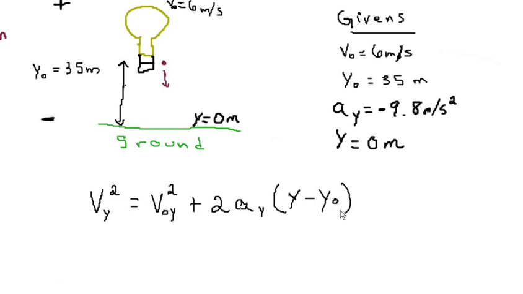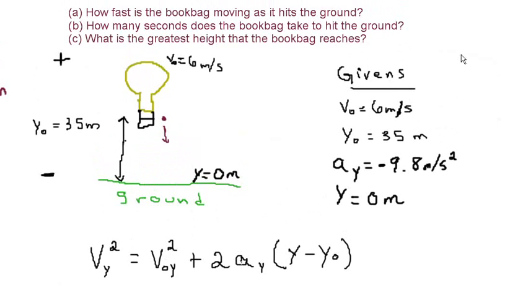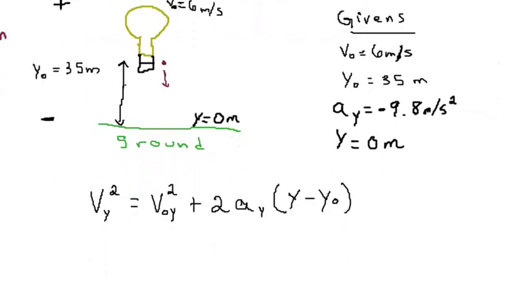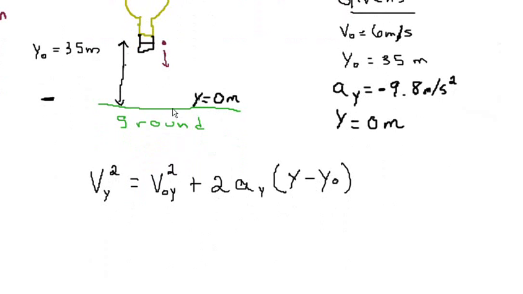Okay, so we can use this equation to find how fast the book bag is moving as it hits the ground. So this question, choice A, is asking for the final velocity. So when the book bag hits the ground, what is the velocity with which it's going to hit the ground? So it's asking for the final velocity. So I'm going to write this down.